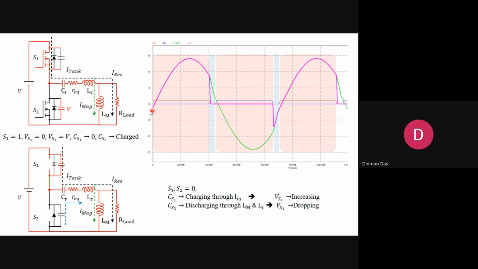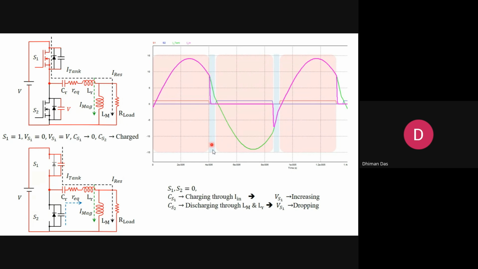Now during turn on you can see there is one cycle. This is the tank current, the green one, and this magenta one is the source current, or the switching current flowing through the switch. You can see the current starts from 0 and tries to make a half sinusoid.